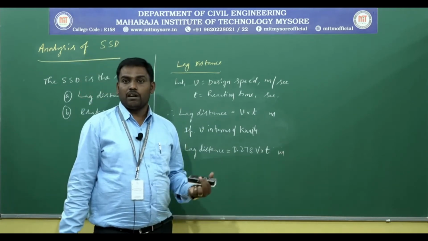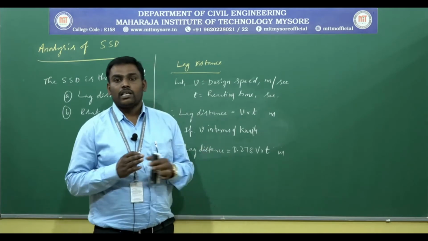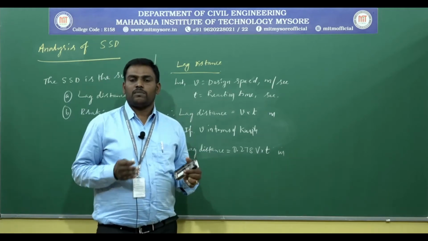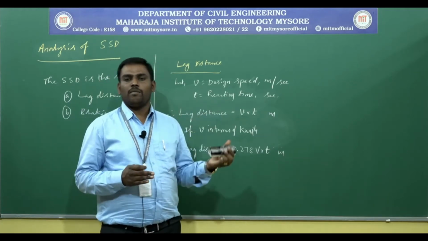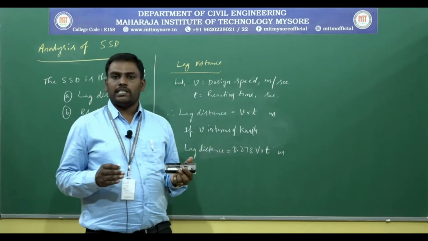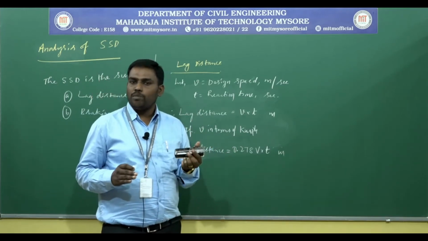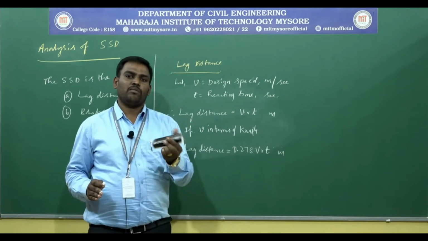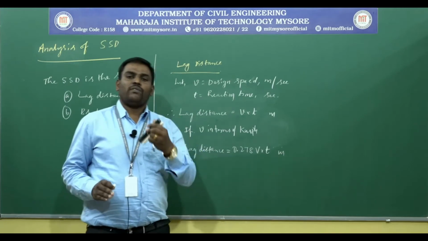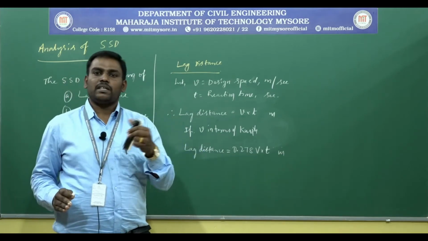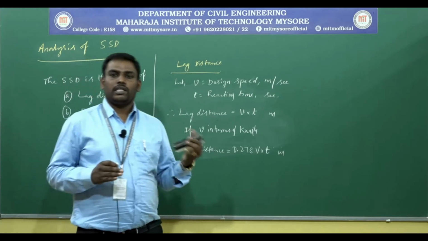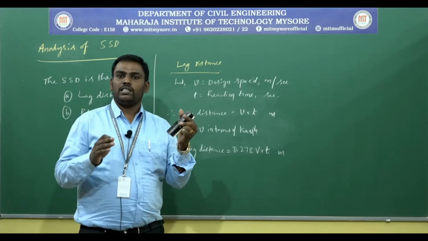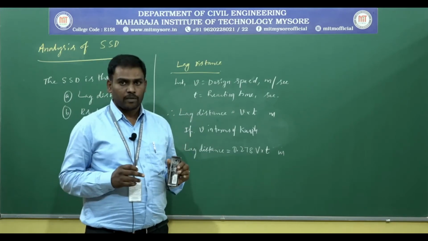We know the conversion of speed: if you want to convert speed from kilometer per hour to meter per second, divide it by 3.6. And if you want to convert meter per second to kilometer per hour, multiply the speed by 3.6.